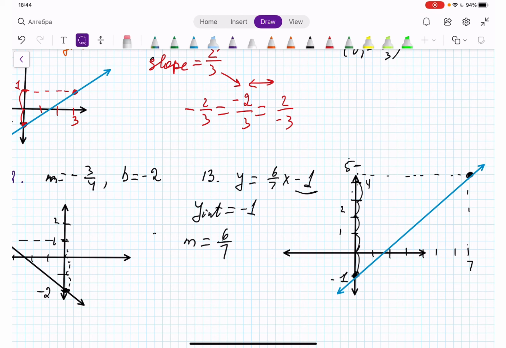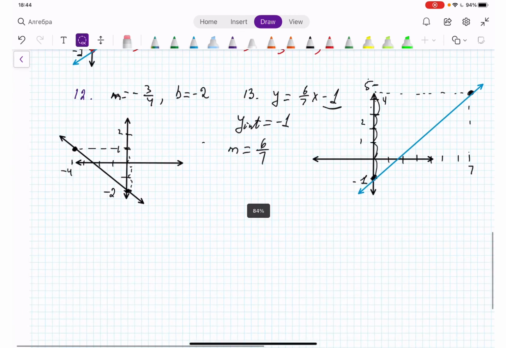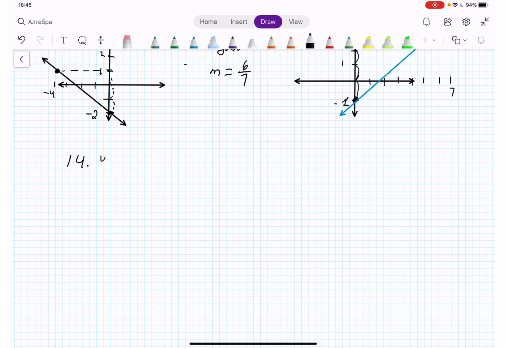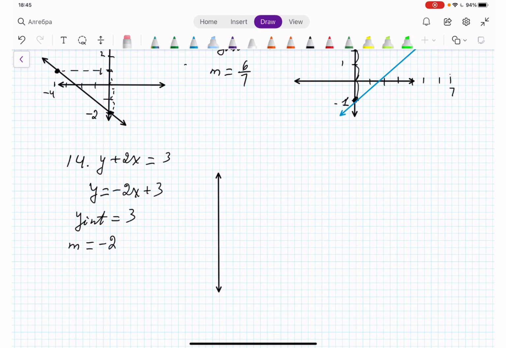All right, number 14. Question number 14, we have y plus 2x is equal to 3. Y is equal to -2x plus 3. Y-intercept is 3. M is equal to -2, right? So the graph is going to look like this: we start with the intercept, so 1, 2, 3.